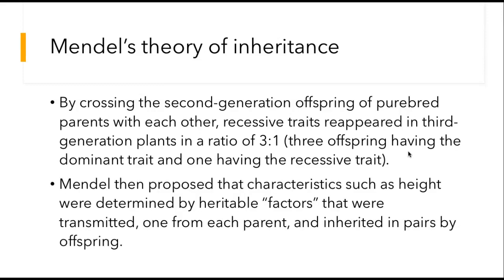Okay? He proposed that characteristics like height were determined by heritable factors that were transmitted one from each parent and inherited in pairs by offspring. So this, again, he's proposing chromosomes here. He does this in the mid-1800s.